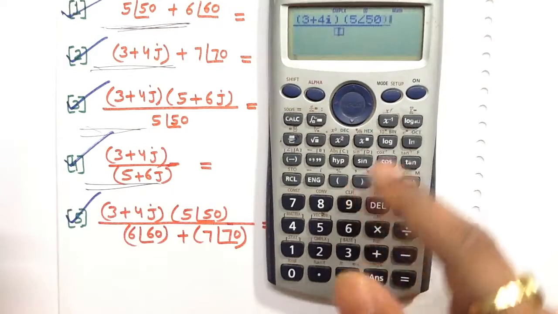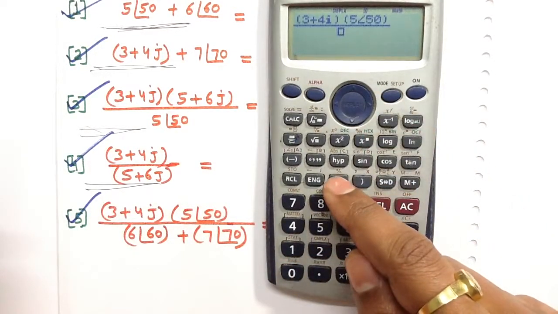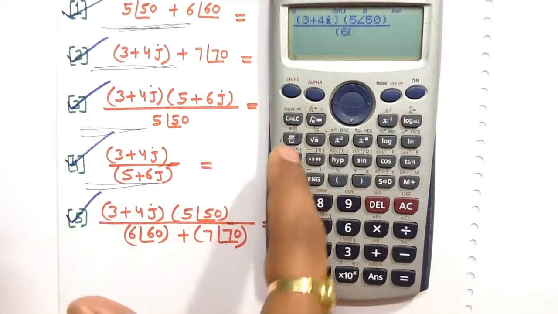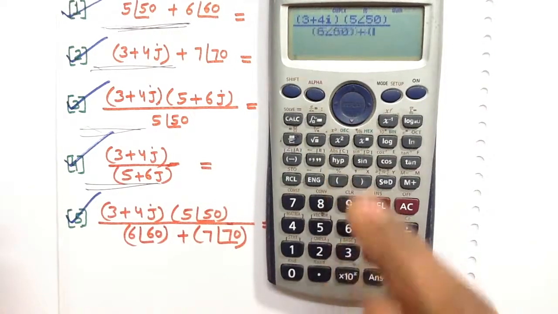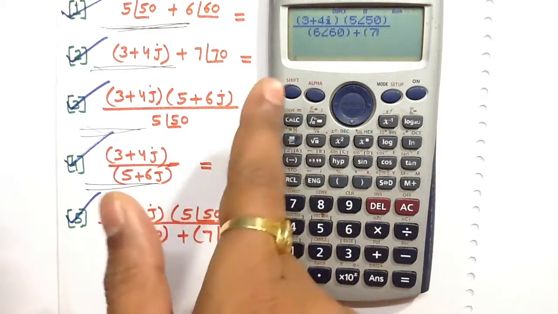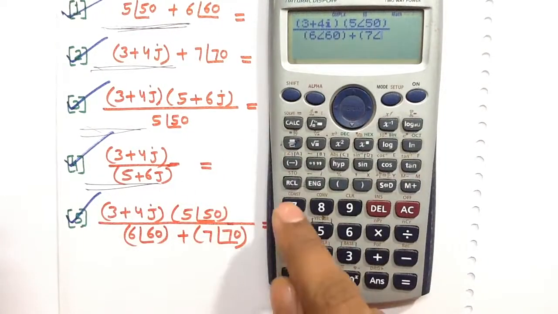Then in the denominator we have to write 6 angle 60 plus 7 angle 70.